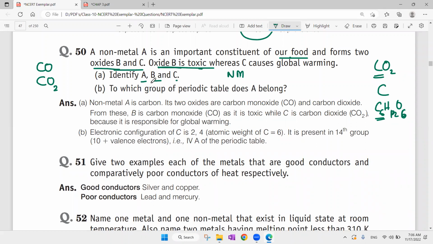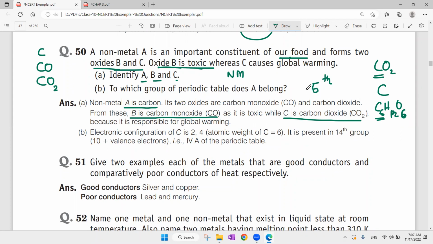Identify A, B, C. A is carbon. B is carbon monoxide, C is carbon dioxide. Done. To which group of periodic table does A belong? Okay, we have to study 5th chapter to answer this question. I said, every chapter is somehow interdependent on other chapters.